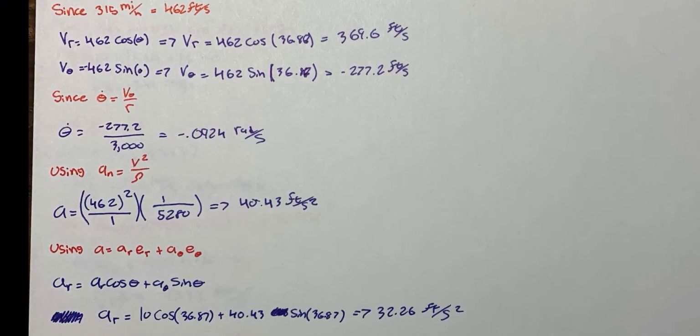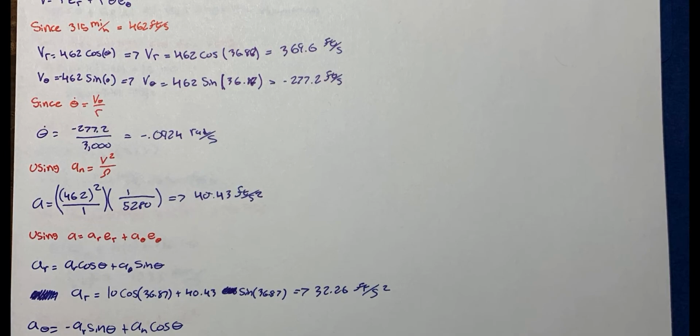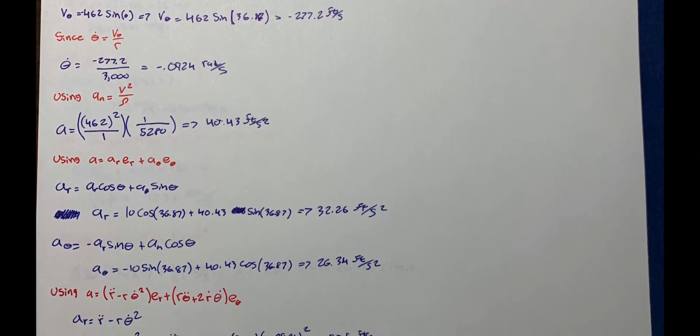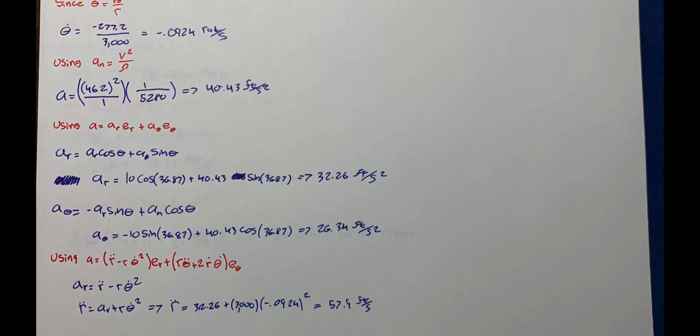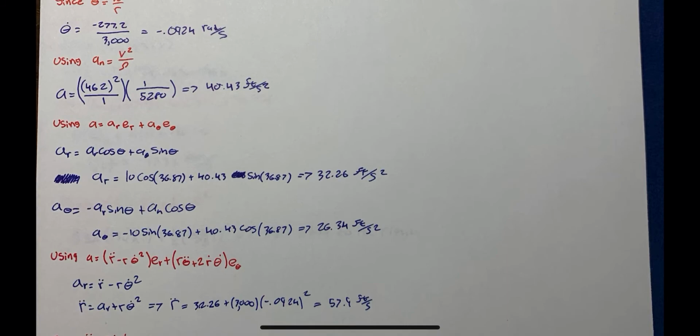And knowing that, we can solve for theta dot. Like the two problems before, acceleration is equal to v squared over r. Just plug in numbers, we can find the acceleration is 40.43 feet per second.